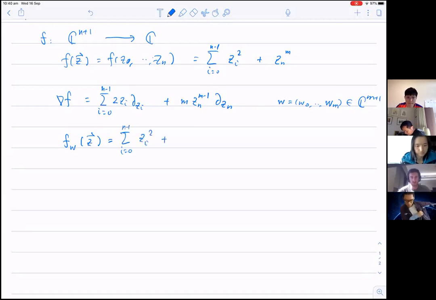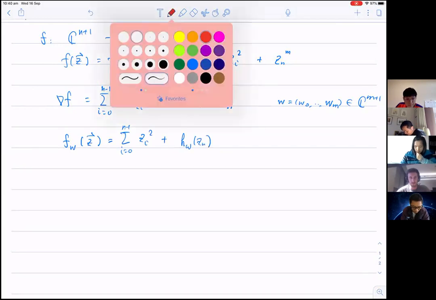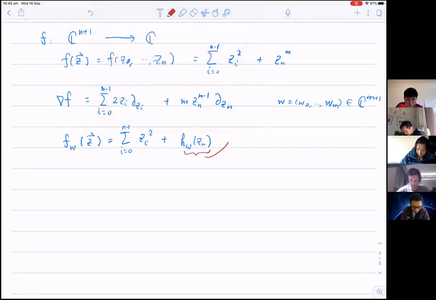And this will be okay. So this, I think, which notation do you use? So maybe I denote it H_W(Zn), and this is a polynomial which is starting with Zn to the n plus 1, and then maybe I denote W_n.